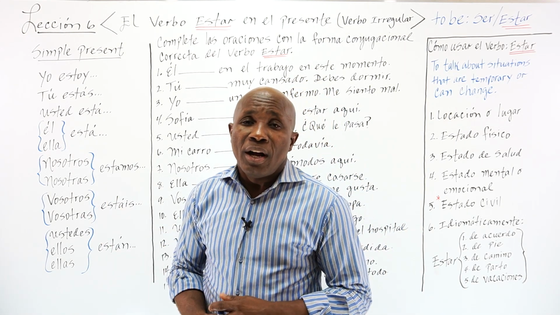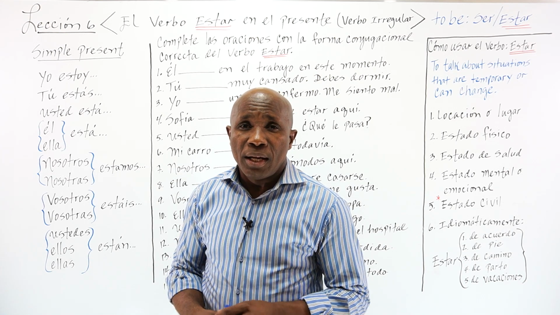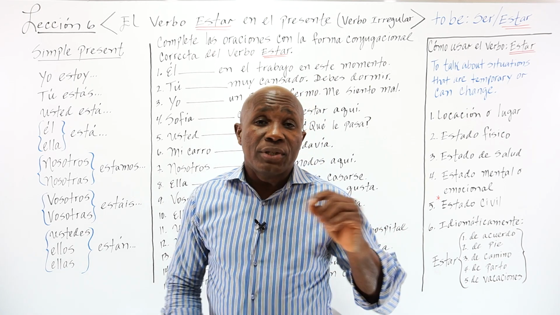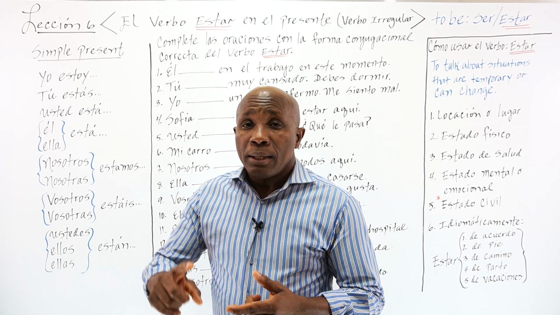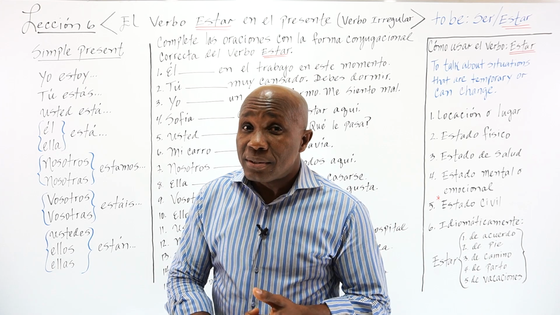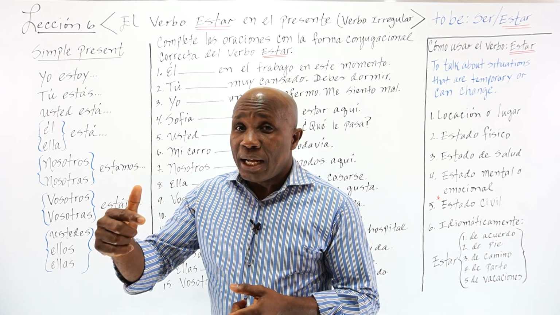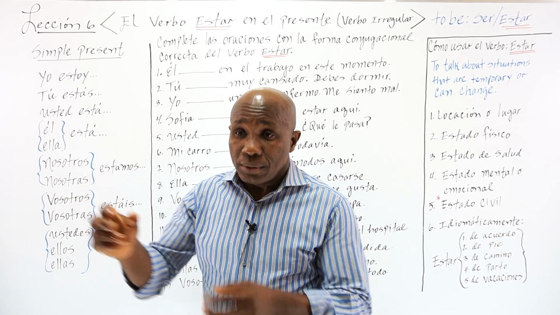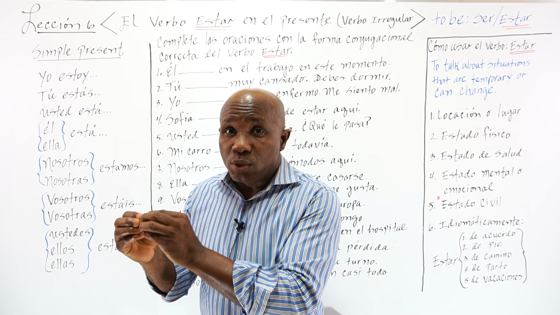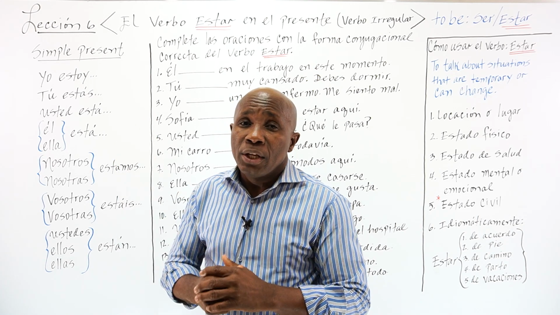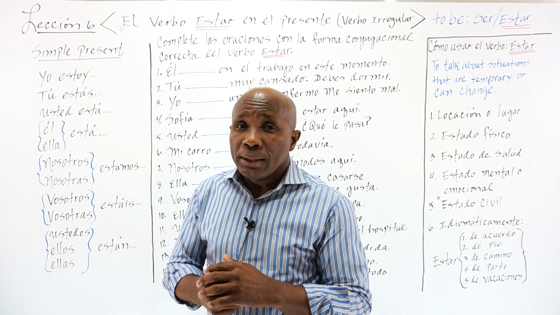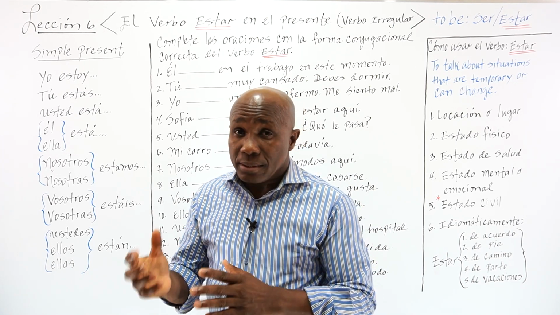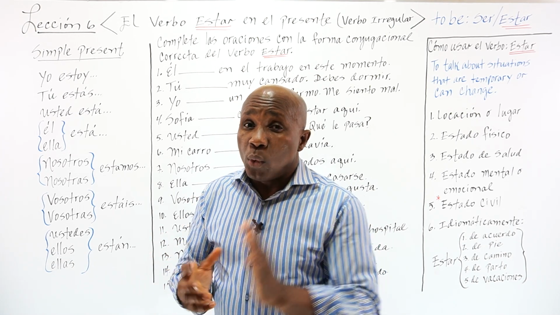rules in Spanish to mark the stress of words. We have different types of words. We have palabras agudas, right? Those have the stress in the last syllable, and we mark it when that word ends in a vowel, in N or S. These are the aguda words.